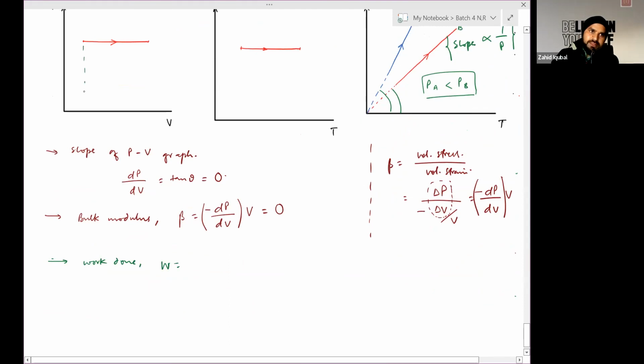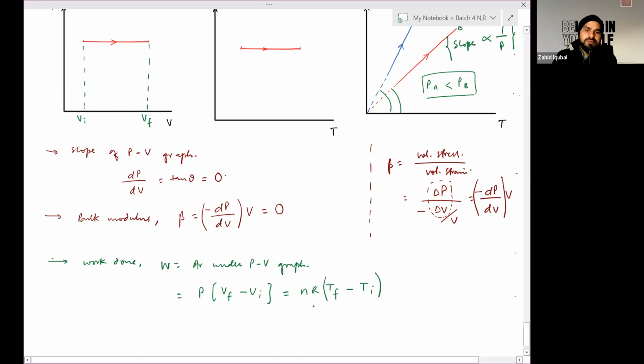Since this graph goes from some initial volume to final volume keeping pressure constant, it will be P constant times V final minus V initial, which may be written using PV equals nRT as nR times temperature final minus temperature initial. So either using pressure versus volume or using temperature, you may find the work done related to this process.